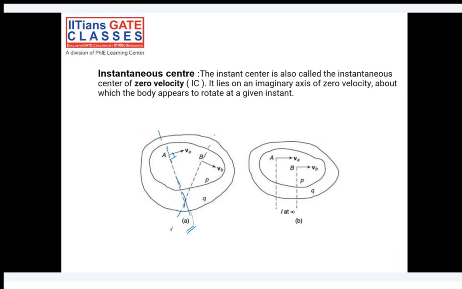And whenever these two lines meet each other, I would say at this particular instant, when velocity of A is in this direction and velocity of B is in this direction, then this particular point I is the instantaneous center of rotation of that link P. Okay, are you following?